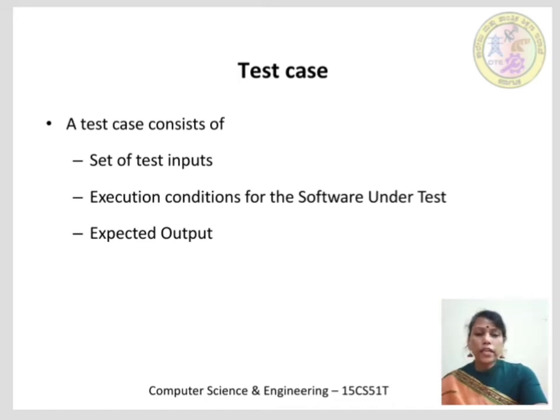And a test case needs to specify both. For example, a test case for this function might specify a record R as input and might specify that the state of the database be such that R already exists in it.